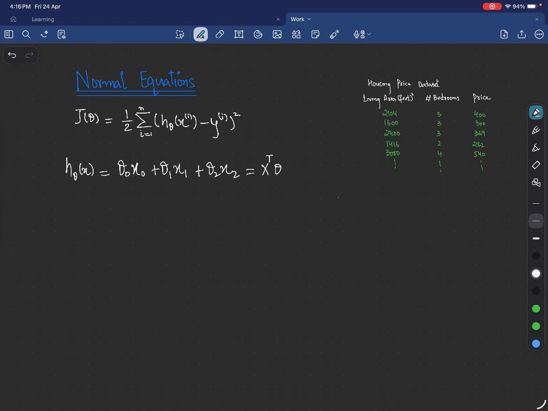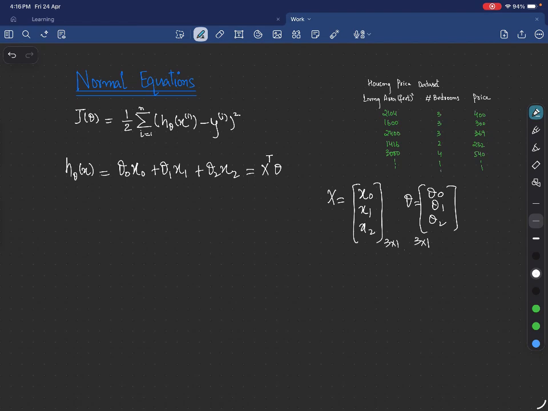If I write the x matrix here, the x matrix will be equal to x naught, x1, x2, and the theta matrix will be equal to theta naught, theta 1, theta 2. This is a matrix of order 3 cross 1, and this as well.